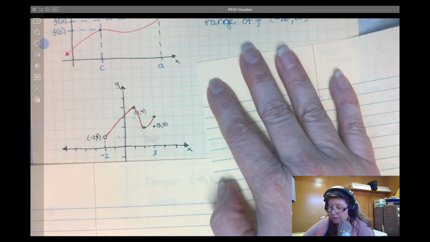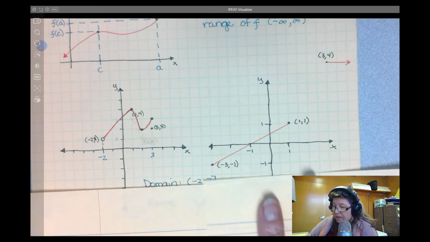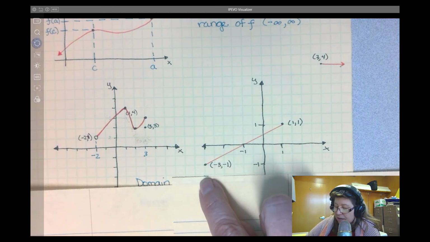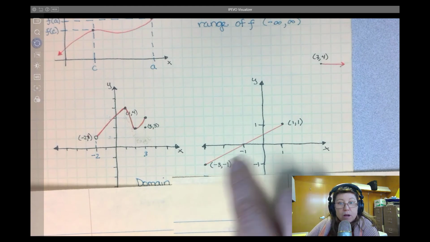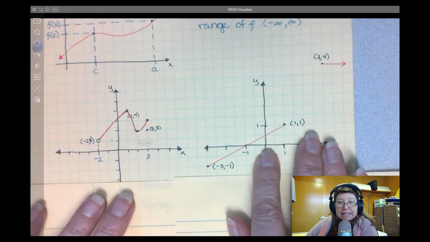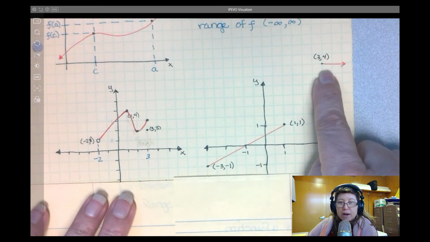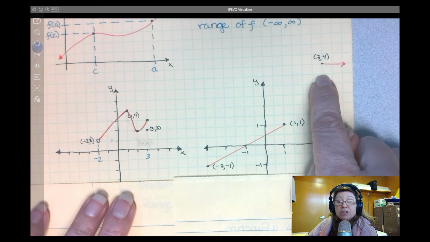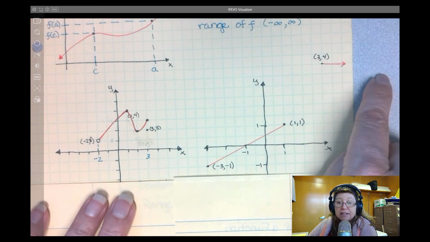Now, our last graph is called a piecewise graph. There's a couple pieces to it. The first piece is this line segment from (-3, -1) to (1, 1). The second piece of the graph is way up here at (3, 4), and it continues to the left and continues to the right indefinitely.